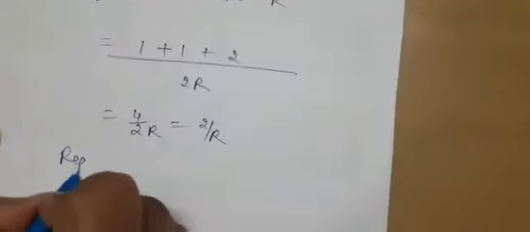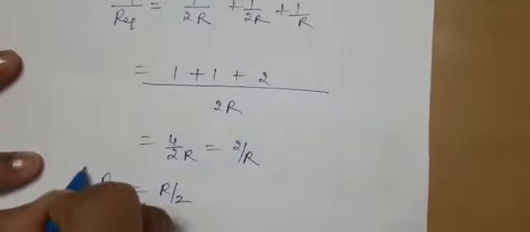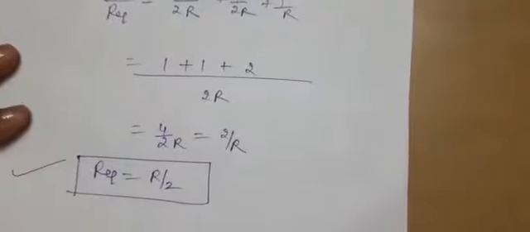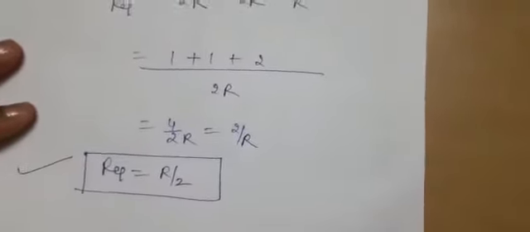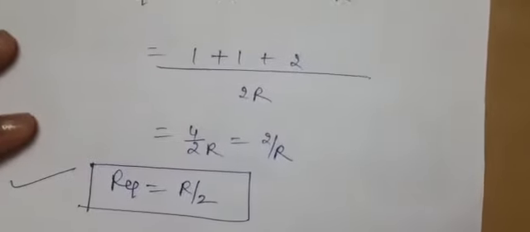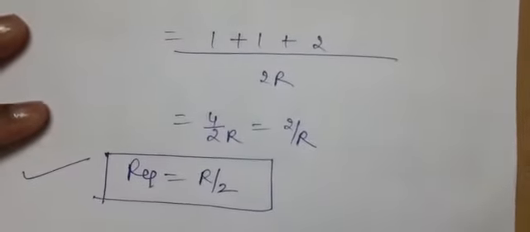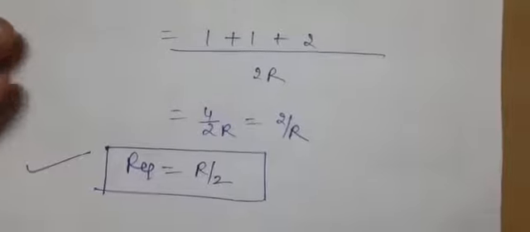So it is 2 by R. So R equivalent of the complex circuit comes out to be simply R by 2. So this is how I have explained how to apply the Wheatstone bridge to complex circuits, although we have used it earlier also.